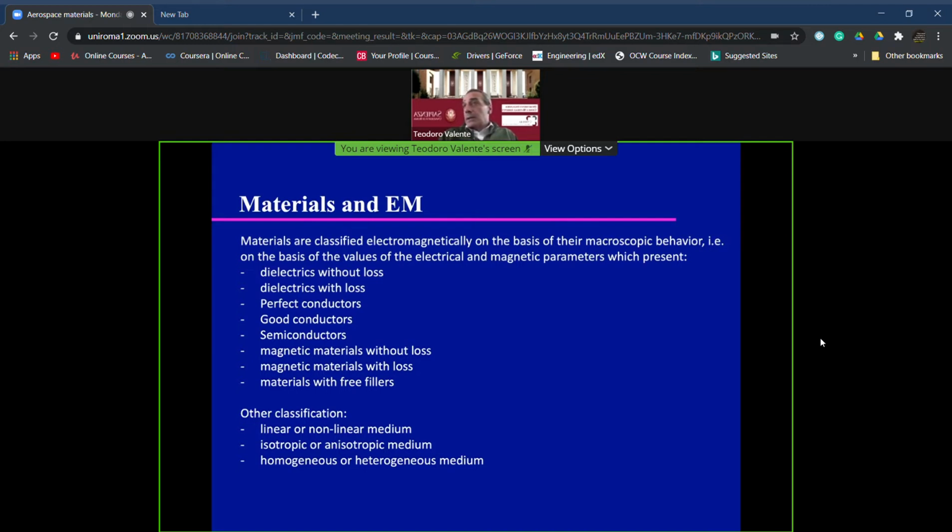Remember the relationship between an applied stress and a corresponding deformation, which can be linear or nonlinear. Remember that when we talk about general properties, for example the strength of the material, we can have an isotropic behavior, that is, the strength is the same in all directions, or non-isotropic behavior.